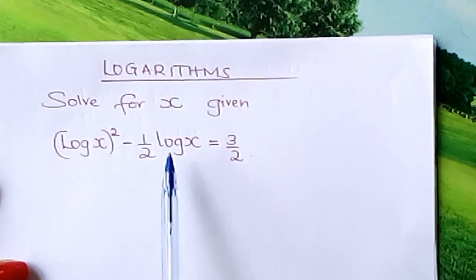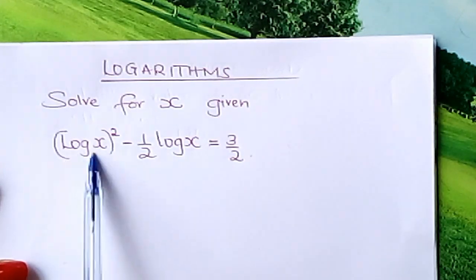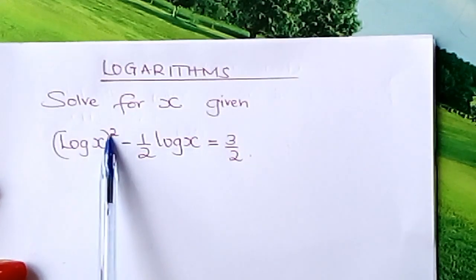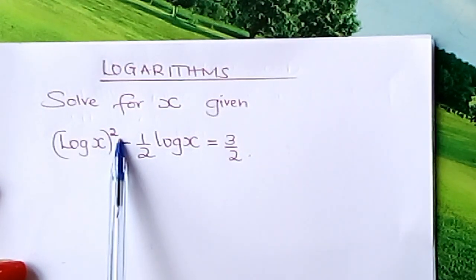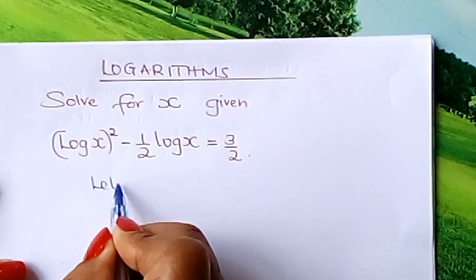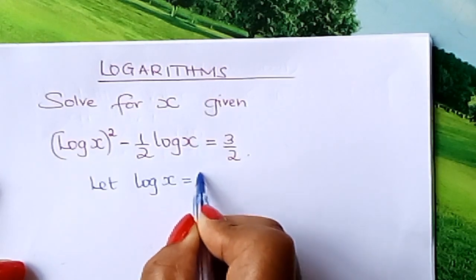So, learner, if this is log x and here log x, the whole of it is squared, how do you approach such a problem? You say, let log x be equal to y.